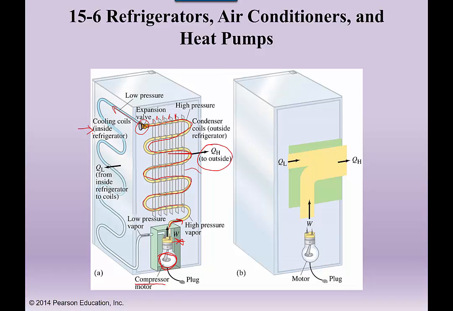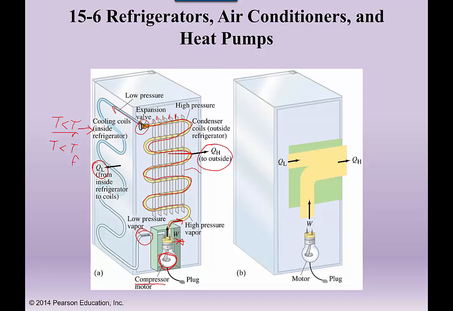And with these being colder, these temperatures here are less than room temperature, and they are less than the temperature of the fridge, which means that we can take more heat energy from the inside of the fridge and pull it to here, so the heat from the inside now goes to these cooling coils and absorbs more of that heat energy, and then the gas is eventually sent back here to the compressor where the process starts all over again.